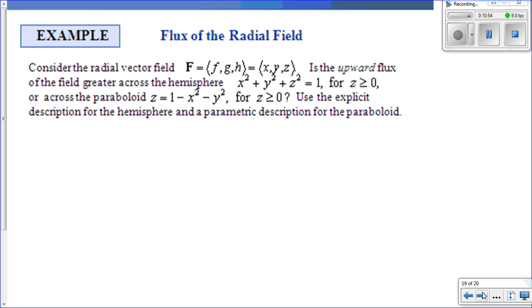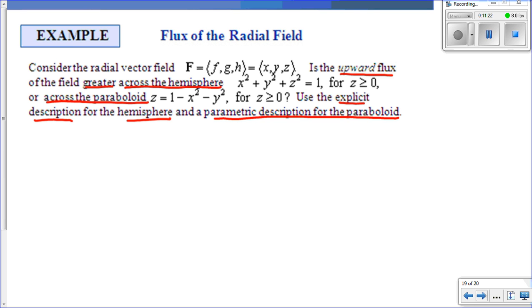I want to look at the radial vector field, and I want to know, is the upward flux across the hemisphere or across the paraboloid greater? Okay, and it tells me to use the explicit description for the hemisphere and a parametric description for the paraboloid.